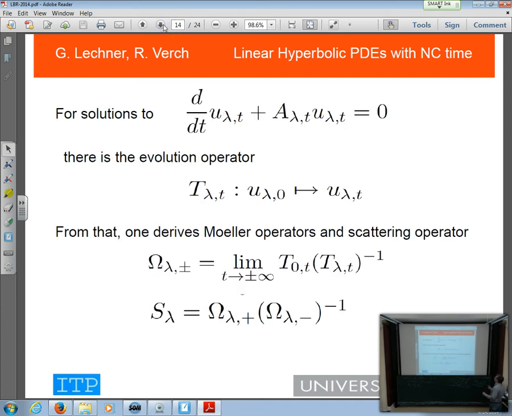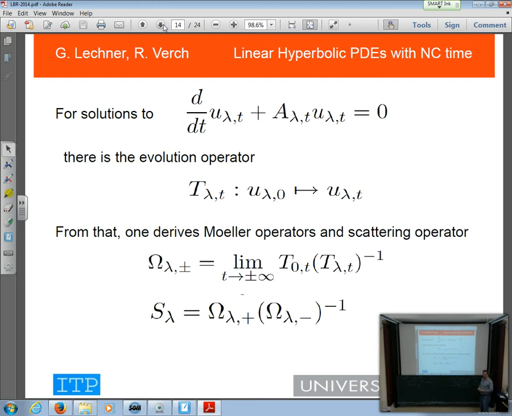So anyway, supposing we have such a problem and we have solutions to this initial value problem, then like in quantum mechanics, there are time evolution operators. Let's say time evolution operators taking data from some fixed initial time, t equals 0 in this case, to some other time t.